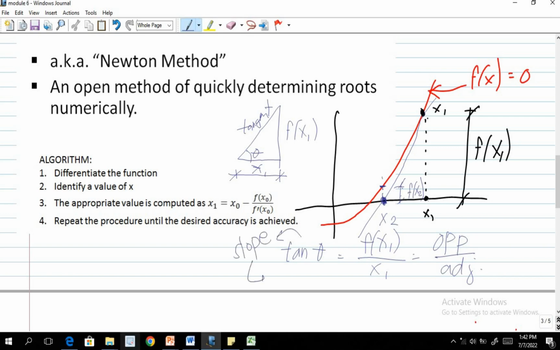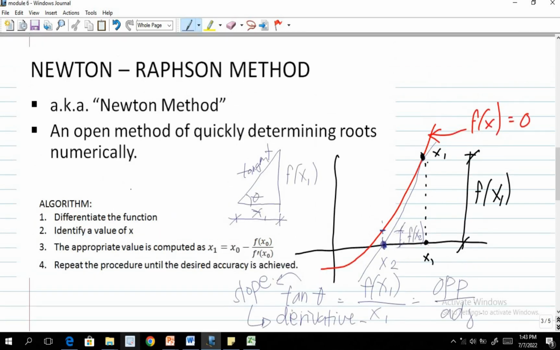And when we say slope in differential calculus, it pertains to the derivative of the function. Yes, you heard correctly. In the Newton-Raphson method, we are going to use your knowledge in differential calculus.